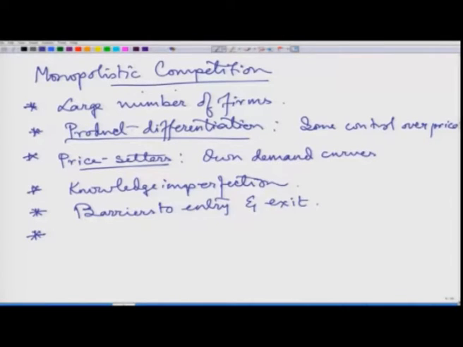The next one is that the market may indeed be relatively localized. Why is the market localized? Because when they differentiate the product, they do it based on market demand. They think, this market may demand this type of product, so I will keep it for this particular market. You won't see a toothpaste with neem or salt anywhere in a Western country.